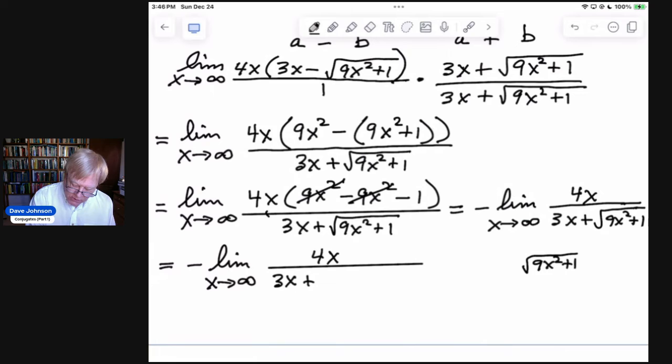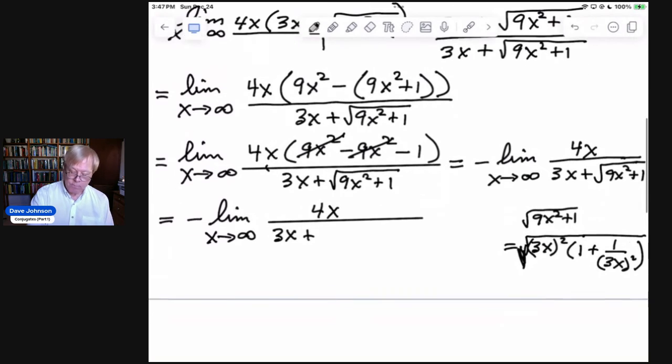I'm going to factor out; that's really 3x quantity squared plus 1, so I can write this as 3x squared times 1 plus 1 over 3x squared. That's all under the radical.